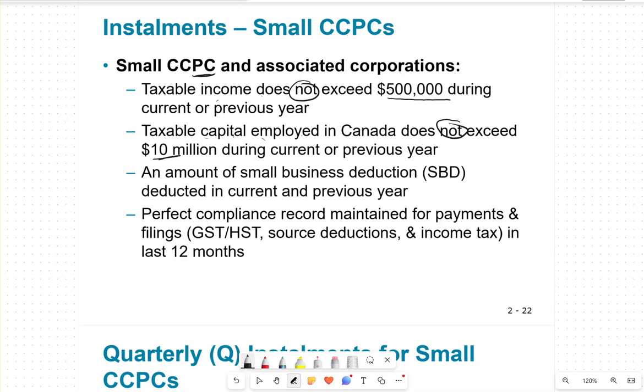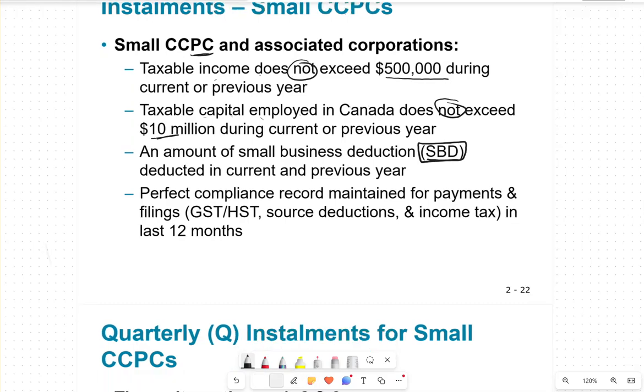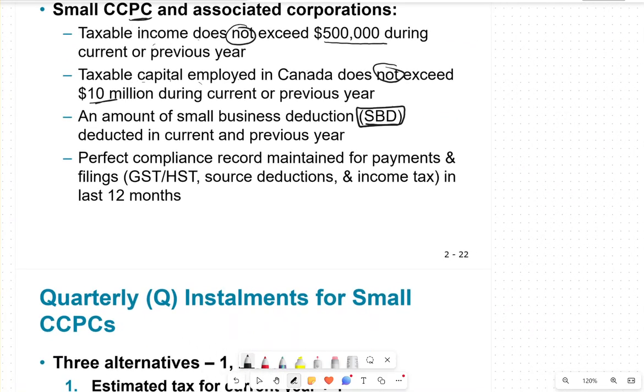So in this case, when you're a small business, you get some deduction. We call it the small business deduction, SBD. It changes every year. If you own 2 corporations, this small business deduction will be shared between the 2 corporations, depending on who is owning it.